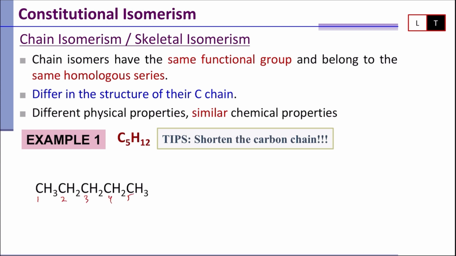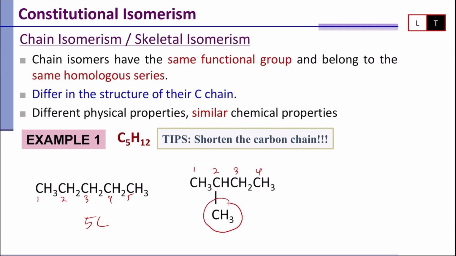After that, my tip here, I want you to shorten the carbon chain. So, daripada 5 carbon chain, kita akan shorten, make it 4. So, it becomes like this one. You can see that this is carbon 1, 2, 3 and 4. And you got a substituent here. So this is the second isomer.